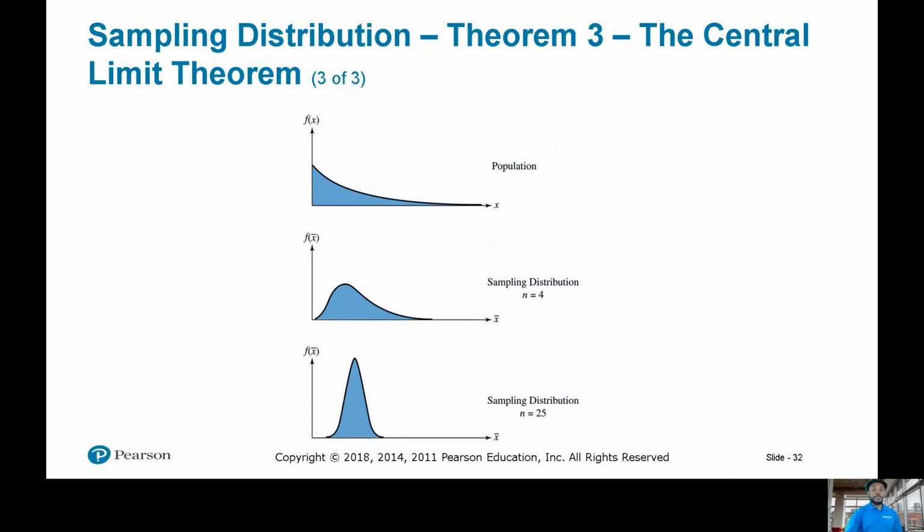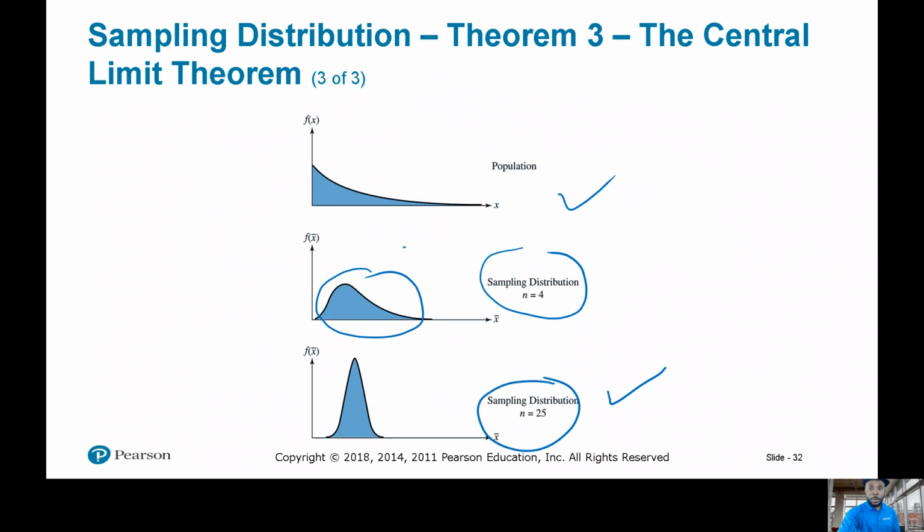And once more, if we have a skewed distribution, the sampling distribution would always be close to being normal. Now, if the sample size is small, it's not going to be really normal, but as n increases to about 30, the distribution will become more normal.